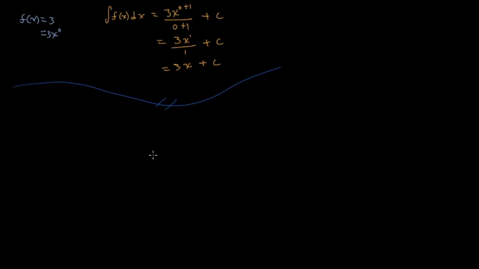So g at x is equal to 5x squared plus 2x minus 1.